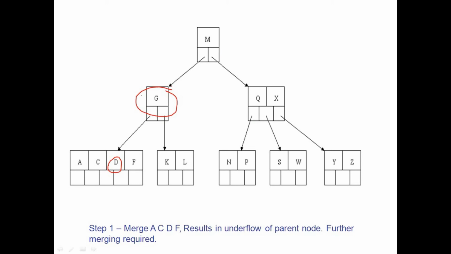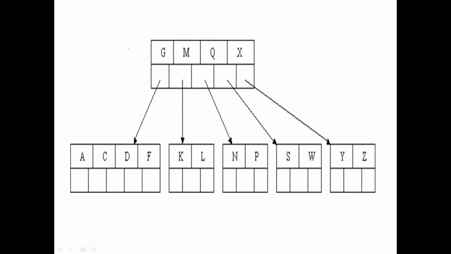So now you again have to merge these 2 siblings, as this sibling is not a rich sibling. After merging, you have to pull down the parent. So G, M, Q, X is the parent, and these are the resulting trees after deletion.